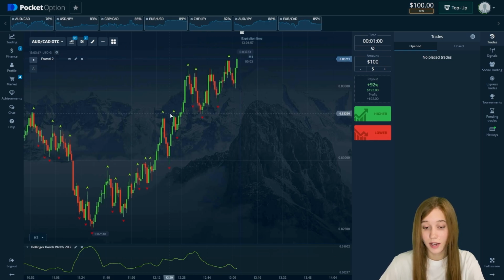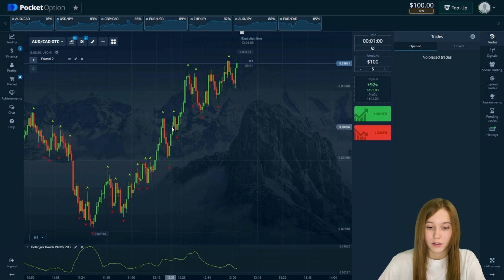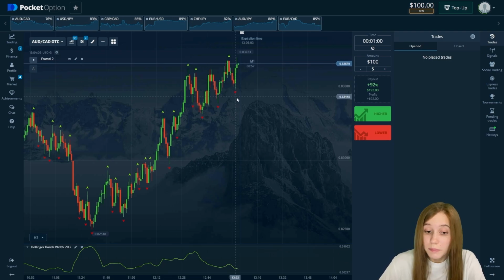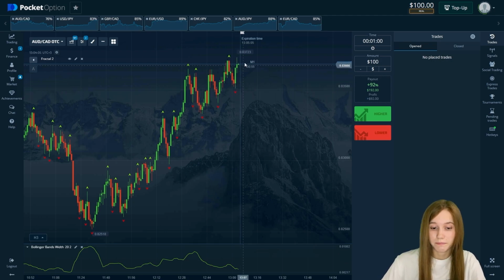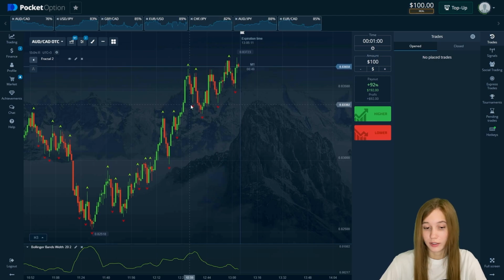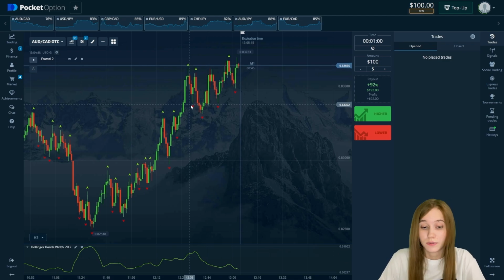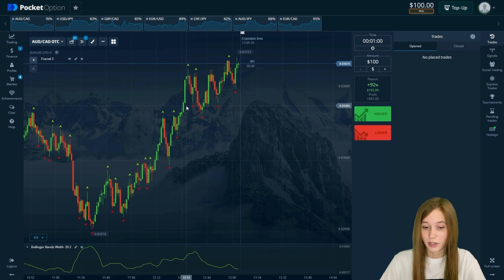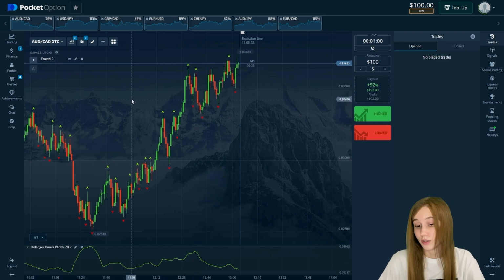Red is down. It's a very simple indicator, so to say. If fractal forms from below, the chart is more likely to go down, and vice versa. So very simple to understand this indicator and use it also.